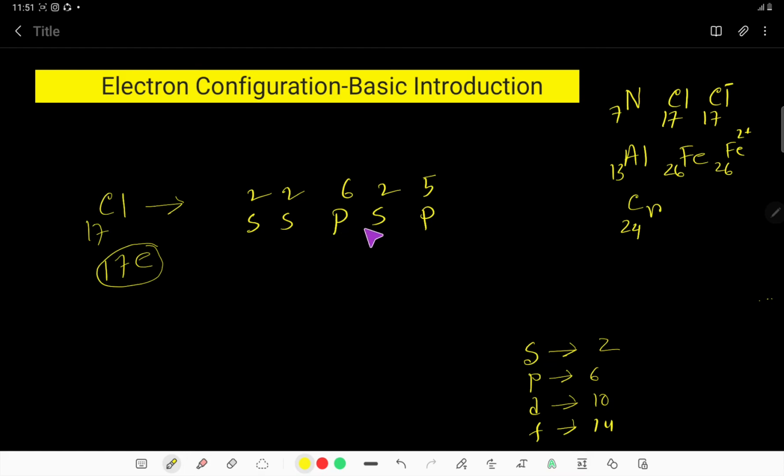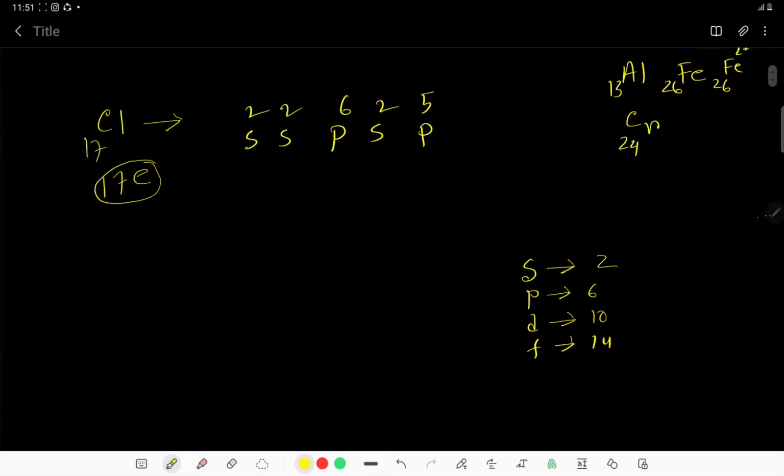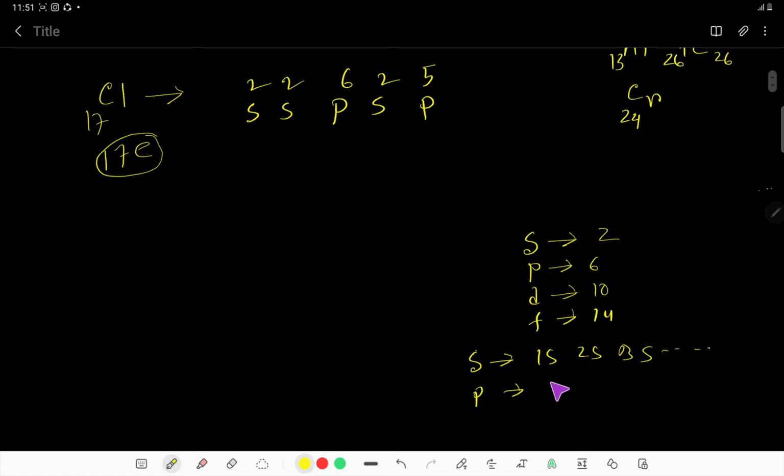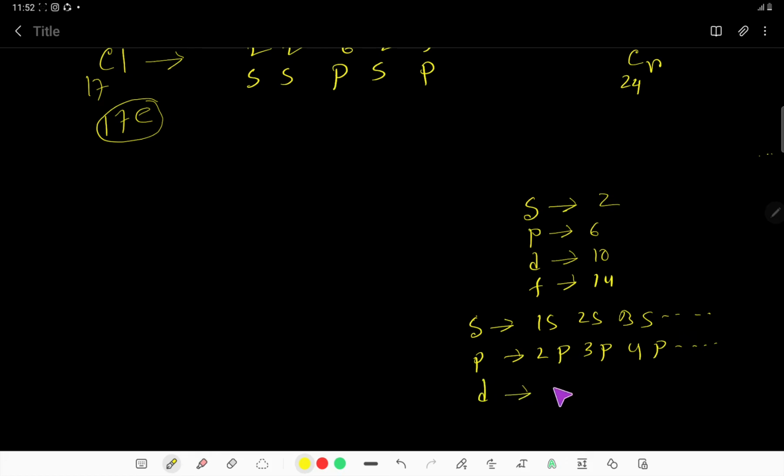Now our task is to place the principal quantum number value, right? Look, the s sublevel starts from 1s, then 2s, then 3s, and thus continues. The p sublevel starts from 2p, 3p, 4p, and thus continues. And the d sublevel comes in 3d, 4d, 5d, and thus continues. And the f sublevel starts with 4f, then 5f, 6f, and continues.